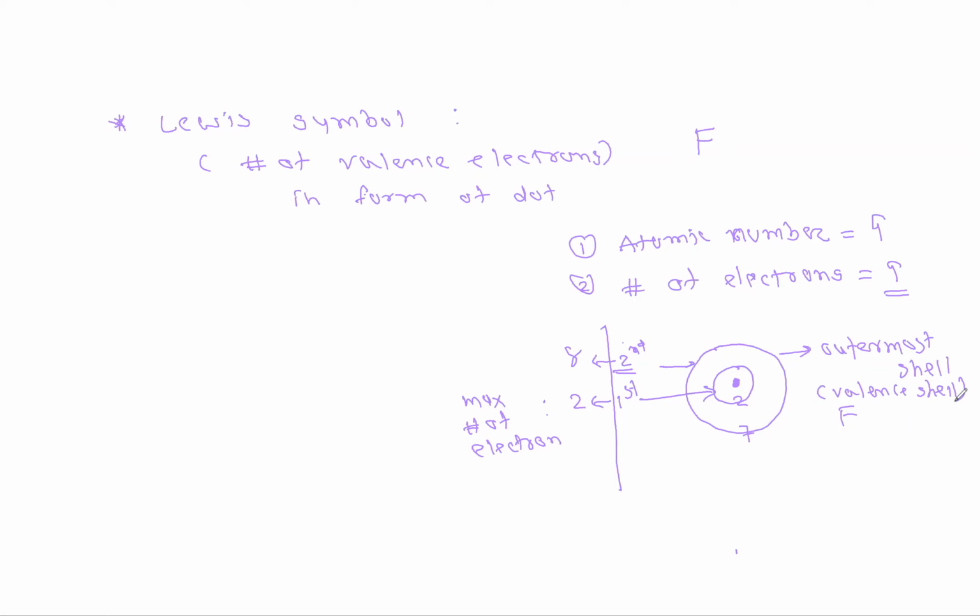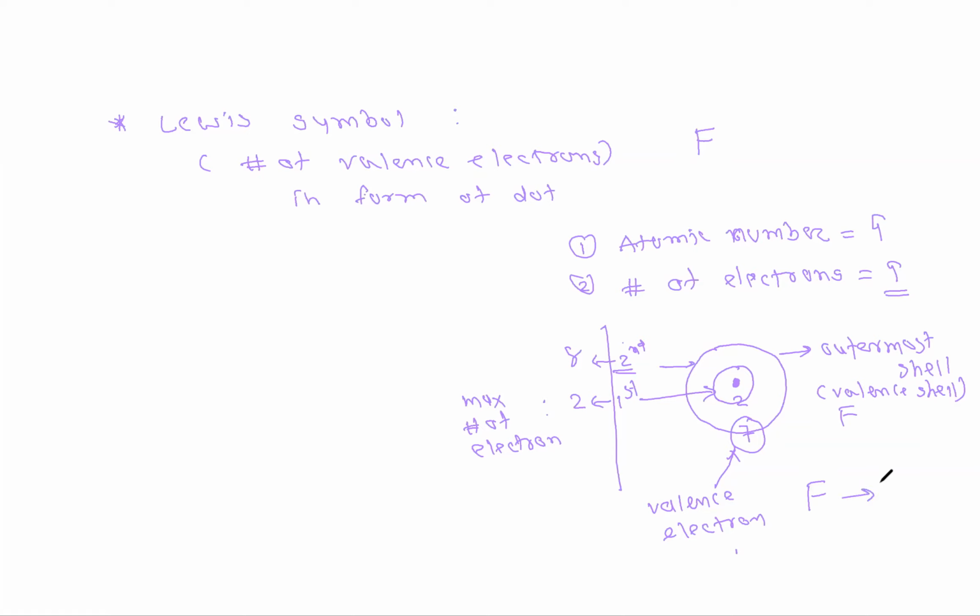So for fluorine, how many valence electrons are there? The number of electrons we have in the outermost shell, the valence shell, is called valence electrons. In this example, because we have 7 electrons in its outermost shell, we have 7 valence electrons. Do you follow me?